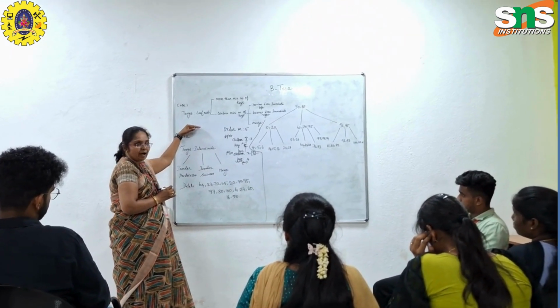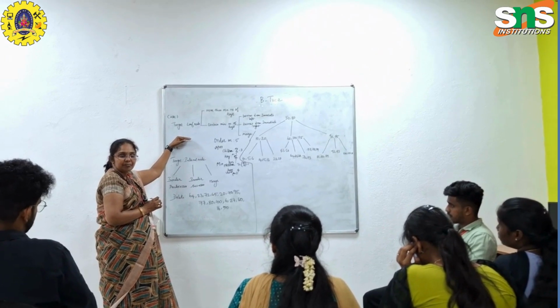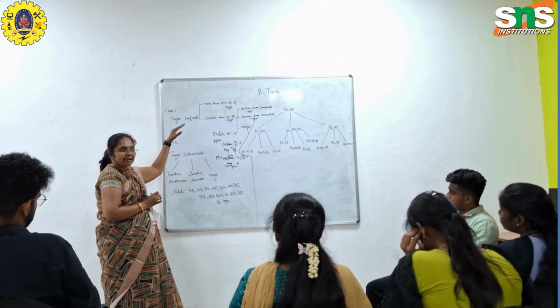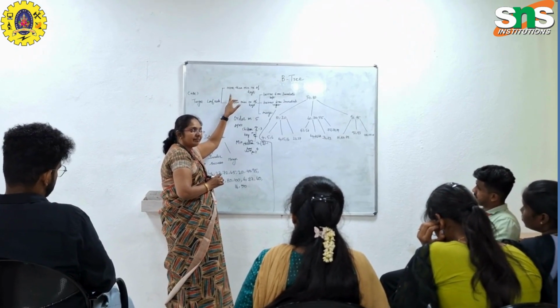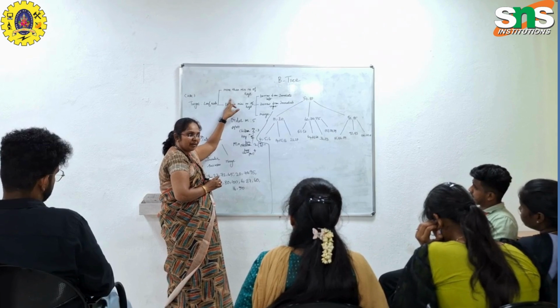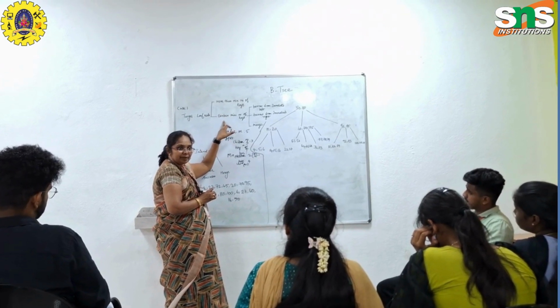First, we take the target node as a leaf node. If my target node is a leaf node, we check whether it has more than the minimum number of keys or exactly the minimum number of keys.